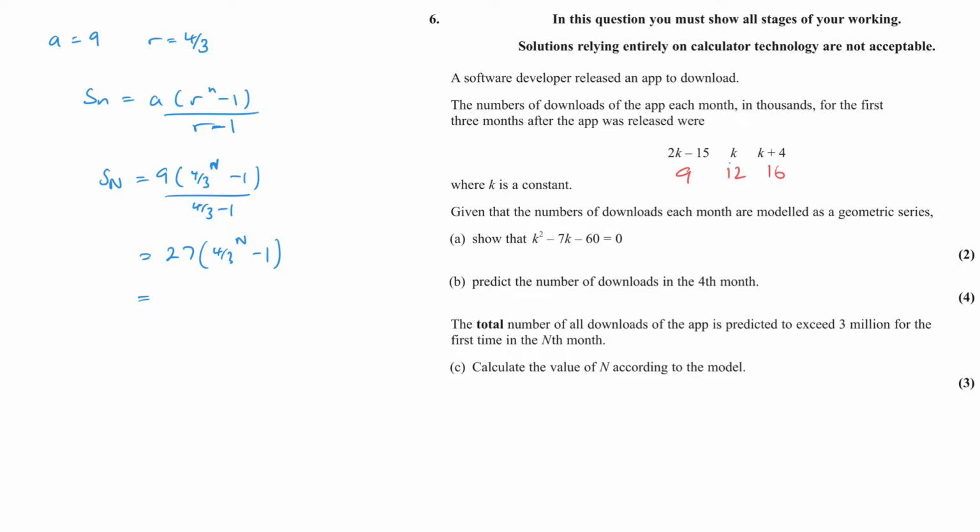Now, forgot one bit here, so just going back a second. And this is going to exceed 3 million. Now it's in thousands, so 3 million divided by 1,000 is 3,000. Okay, so 3,000 divided by 27.